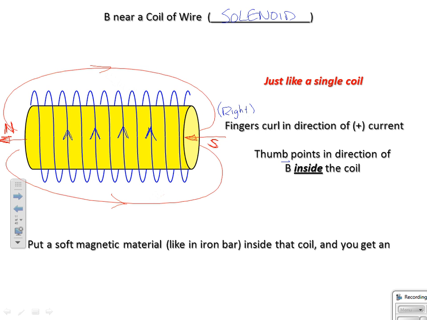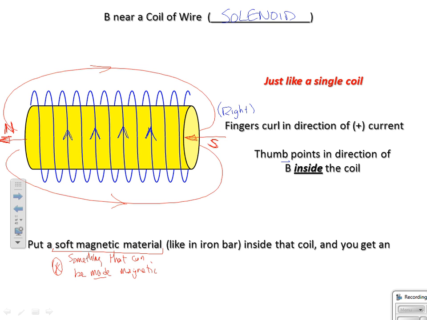Now, again, so what? Well, if we put not just air inside that coil, but what we call a soft magnetic material, and this means something that can be made magnetic.